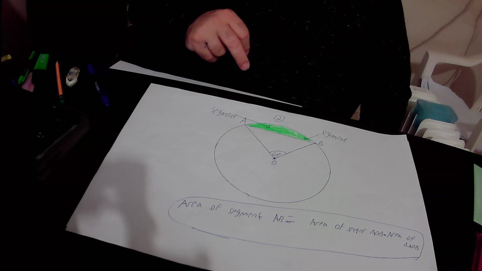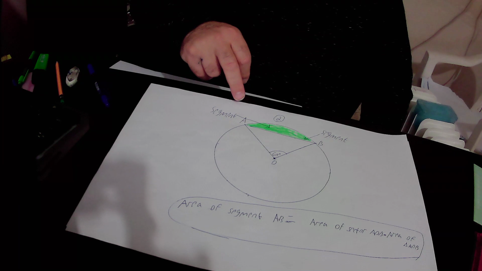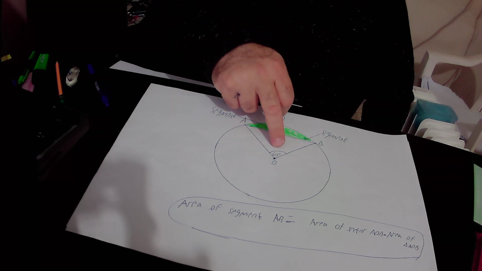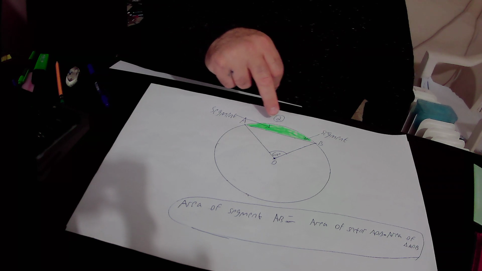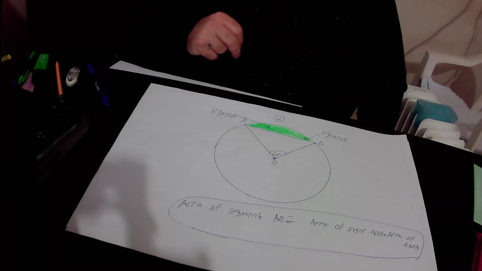If you subtract from sector AOB the area of triangle AOB, you will get segment AB that is actually this green shape.